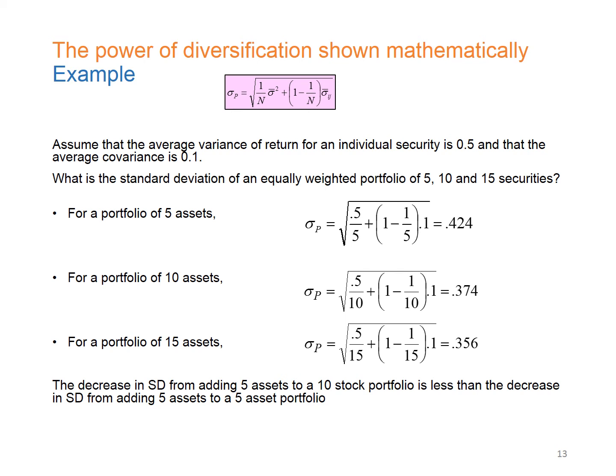For a portfolio of 5 stocks, the standard deviation is 0.424. For a portfolio of 10 assets, the portfolio standard deviation reduces to 0.374. If the number of stocks in a portfolio is 15, the standard deviation reduces further to 0.356. I hope you will apply this formula and practice the calculation.